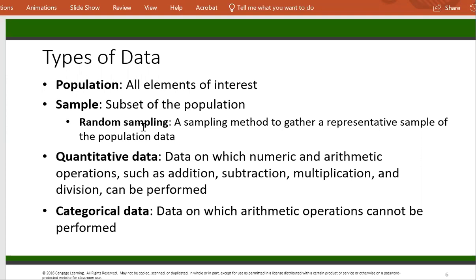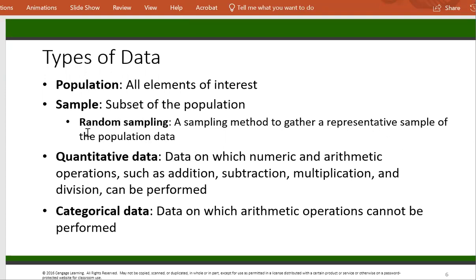The idea is that you want to select a subset from a population without knowing the members before picking them, right? So you want to give every member of the population an equal chance, or somehow some chance, to get selected to be part of your sample, right?